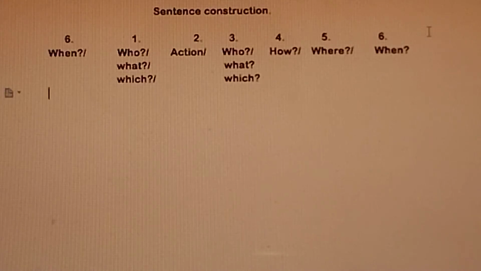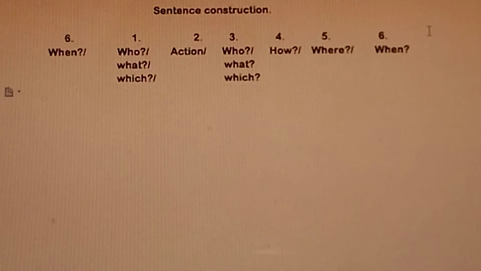Now, anytime you want to make a sentence, you can ask yourself these questions. The first one is when. When did this thing happen? Yesterday, last week, and so on and so forth.